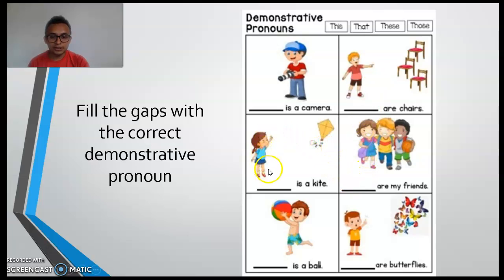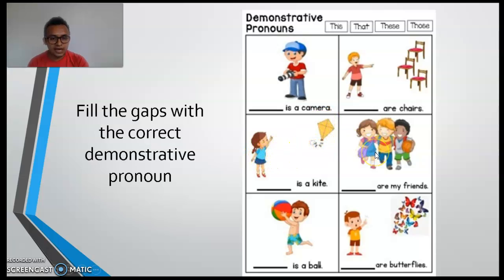Now right here this little girl is pointing at a kite, so we are going to use that because the kite is not near to the girl.